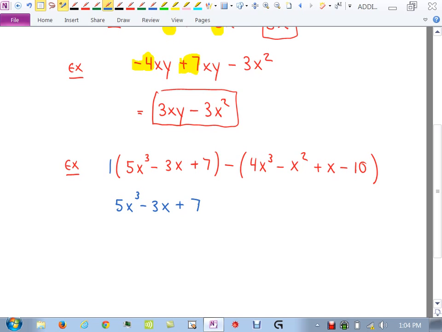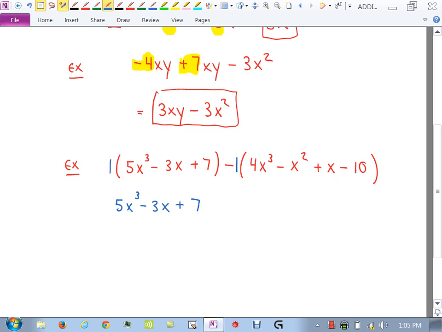But now in the second parentheses, we have a minus. So that's like a negative 1, and that must go through. What does a negative 1 really do to all the terms in here? Changes the sign, right? So if this was positive 4, it becomes negative 4. This is a negative, really like a negative 1, it's going to become a plus.